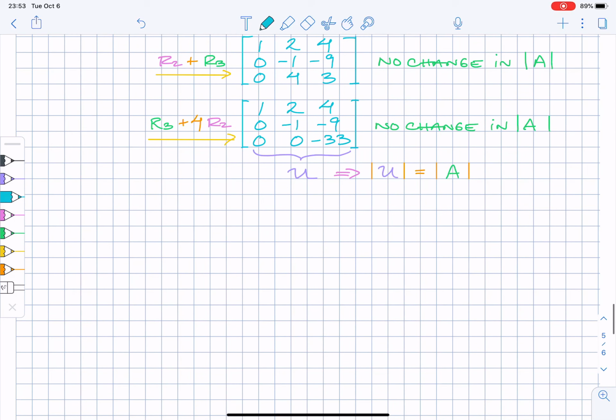It's going to be 1 times negative 1 times negative 33, which is the determinant of A.